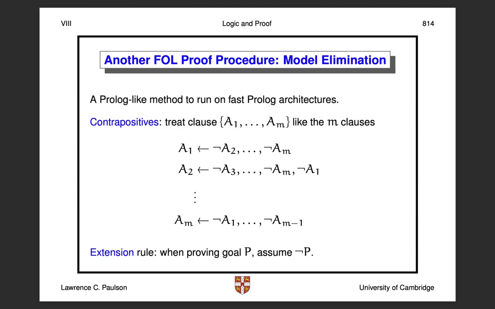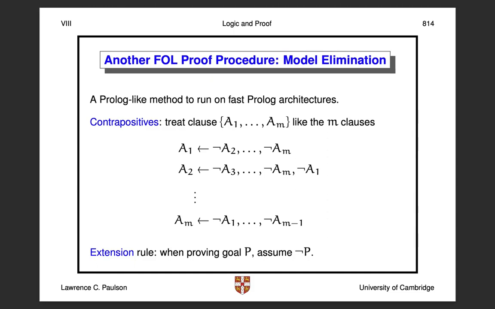Now, why should we bother with this if we have proper resolution? That's a good question, and today's resolution provers, which do not use this principle, are very powerful. There was a time when this was in vogue in order to take advantage of very fast Prolog machines that were being built.